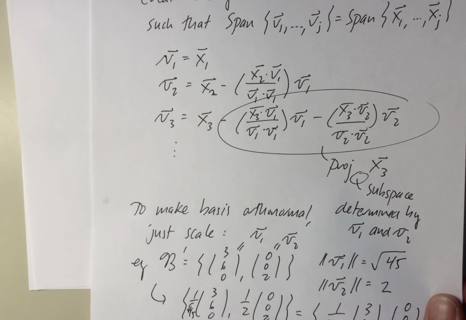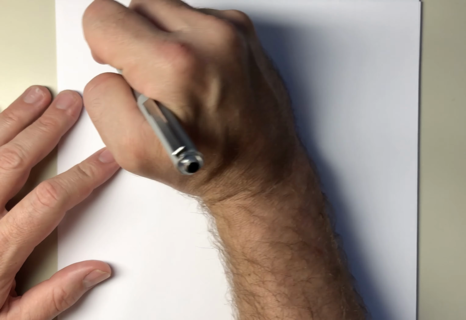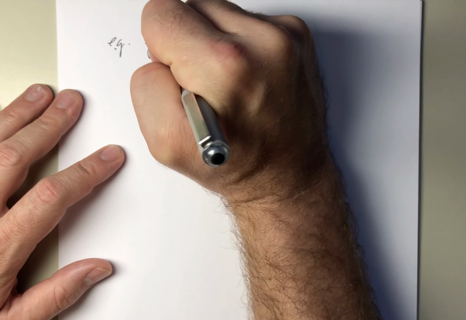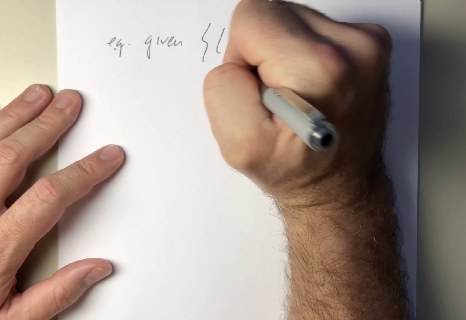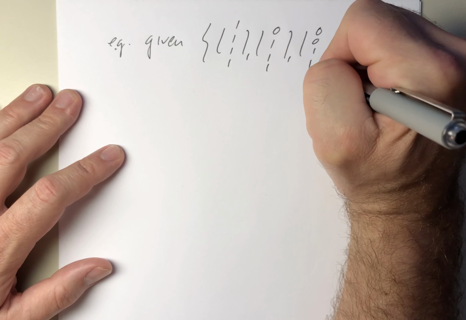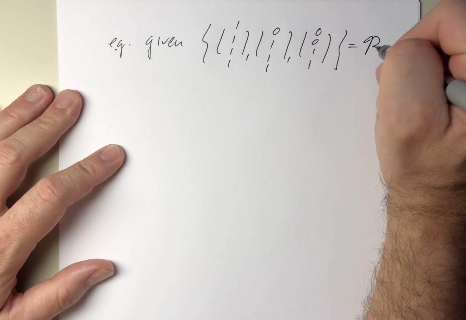Let me just show you one more example, just some numbers to show you how this works for a bigger example. So let's say I was given (1, 1, 1, 1), (0, 1, 1, 1), just to have some concrete numbers to see.